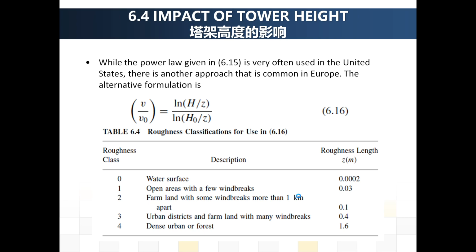When the roughness class is urban districts and farmland with many windbreaks, the roughness length is 0.4. If the roughness is dense urban or forest, the roughness length z is equal to 1.6.